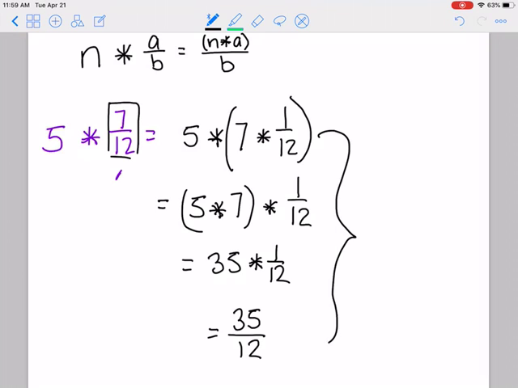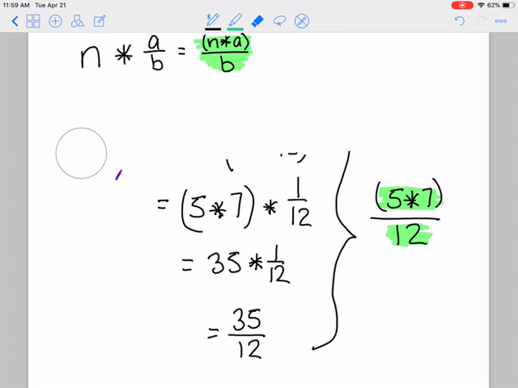It is the same thing as writing 5 times 7 over 12. And where am I getting that 5 times 7? From our formula, n times A over B. So this is the n times A over B.